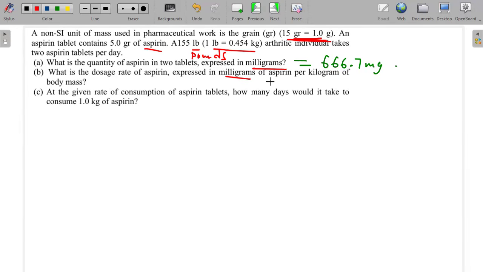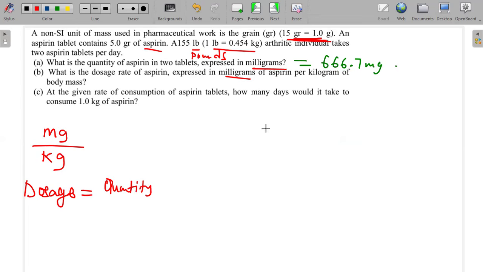All right, and then part 2 or part B, they're asking: what is the dosage rate of aspirin expressed in milligrams of aspirin per kilogram of body mass? So milligrams of aspirin per kilogram. Meaning the dosage formula, just from the units, will be the quantity, which is in milligrams, we already found it, divided by the mass of that individual, and it should be in kgs.